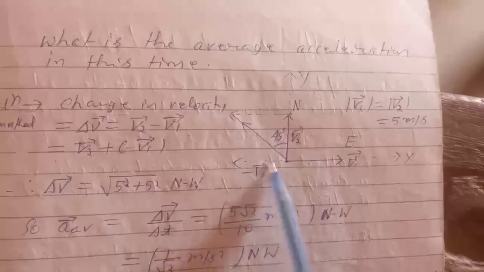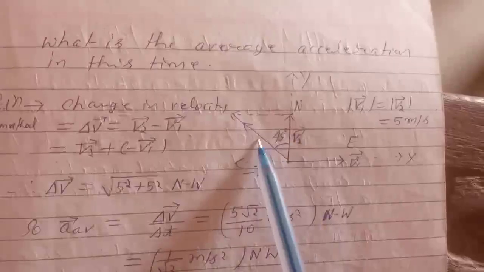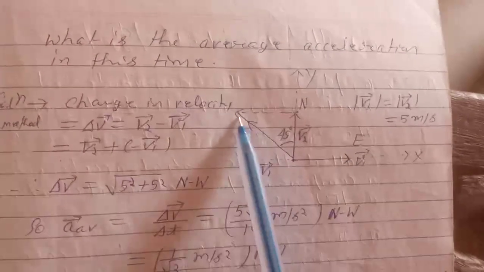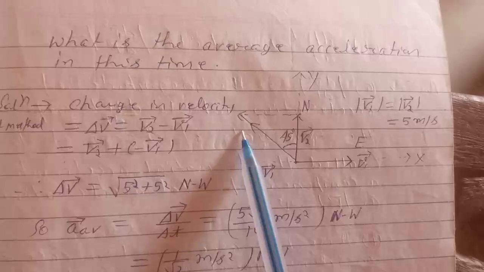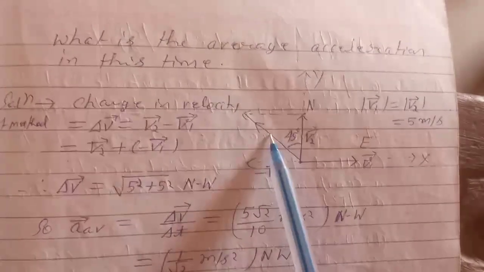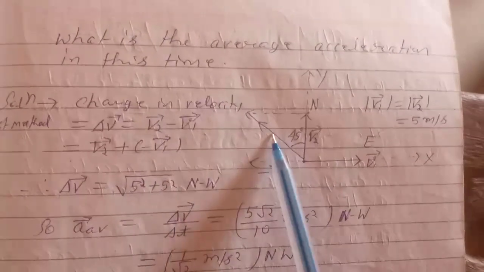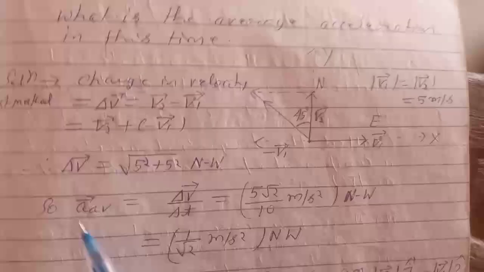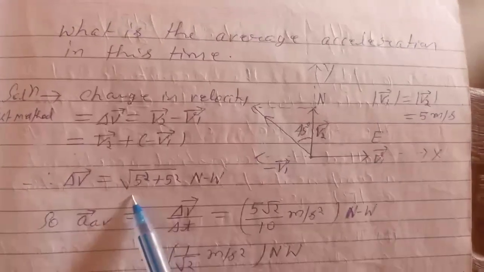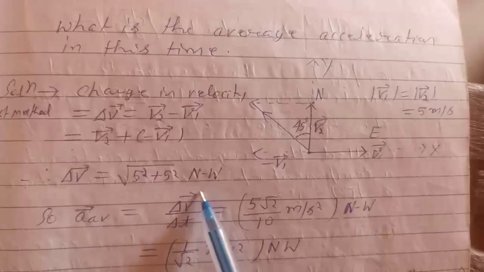Because this is V2, then this will be minus V1, and from the triangle law, this will be the resultant of V2 minus V1. So this represents the change in velocity. Hence delta V vector equals under root 5 square plus 5 square, northwest.